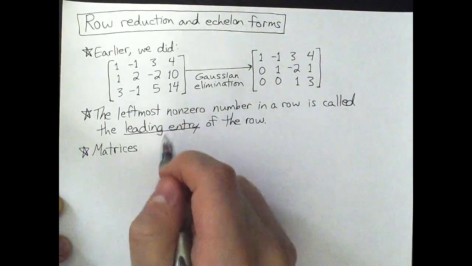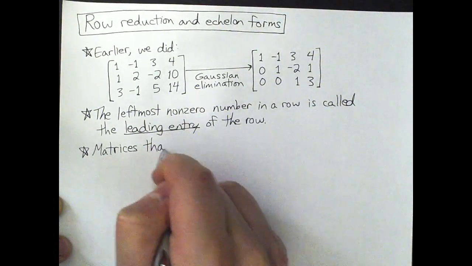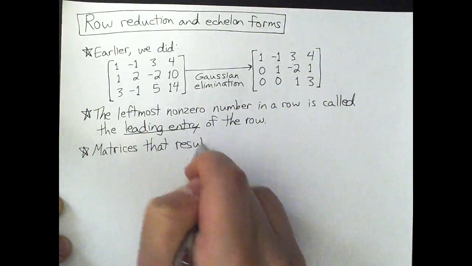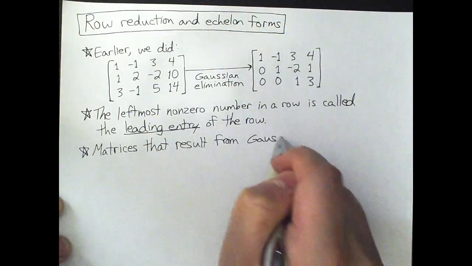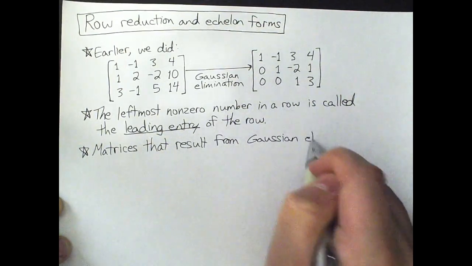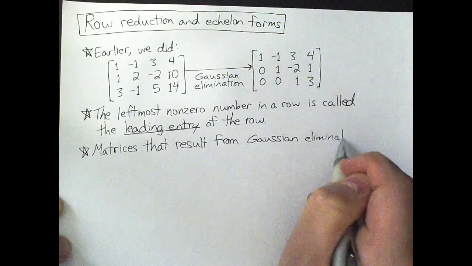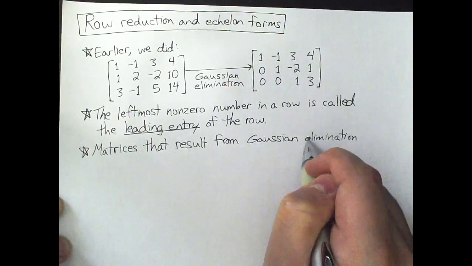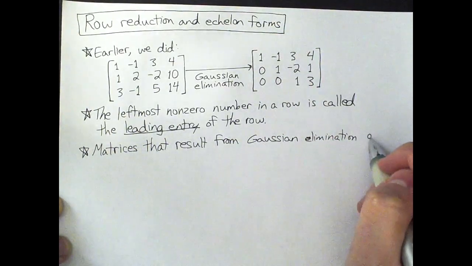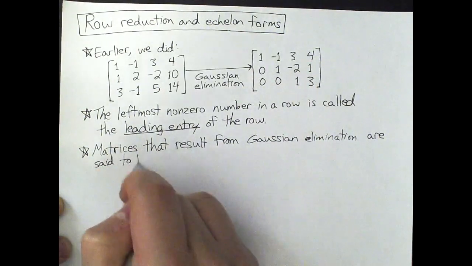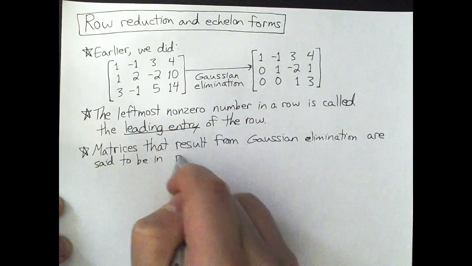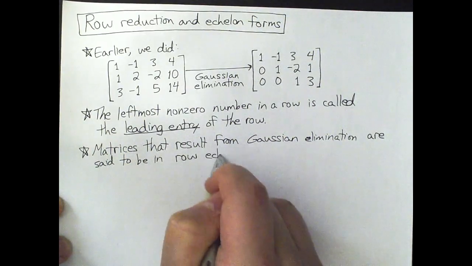Now, we're going to say that matrices that result from Gaussian elimination are said to be in row echelon form.